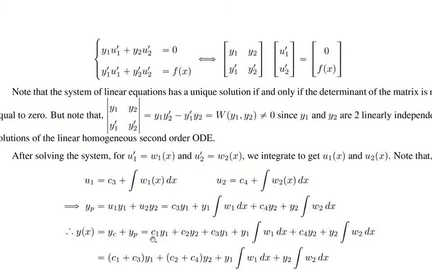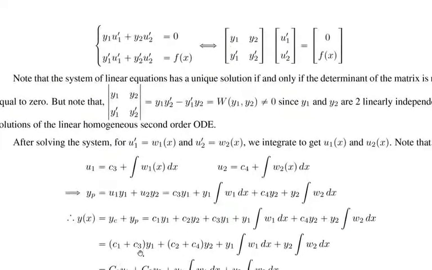The complementary solution is the solution of the corresponding homogeneous ODE that we know, which is c1y1 plus c2y2. If I add this term and this term, I'm going to get (c1 plus c3)y1 and (c2 plus c4)y2 plus my two antiderivative terms.